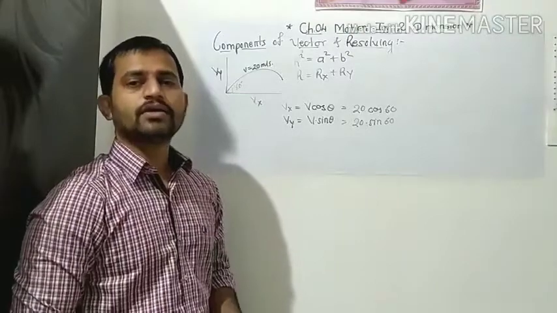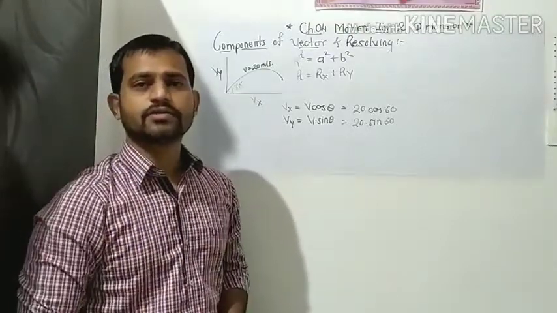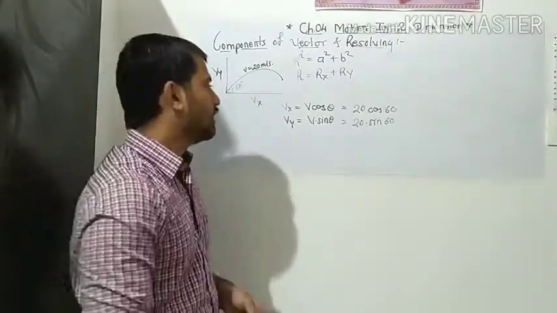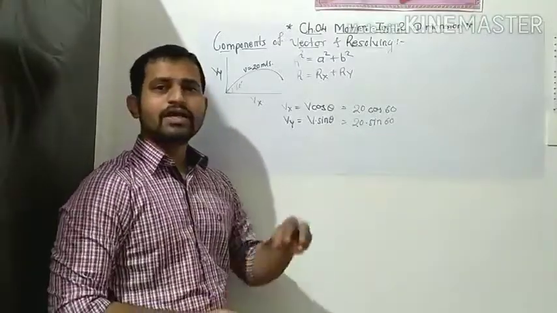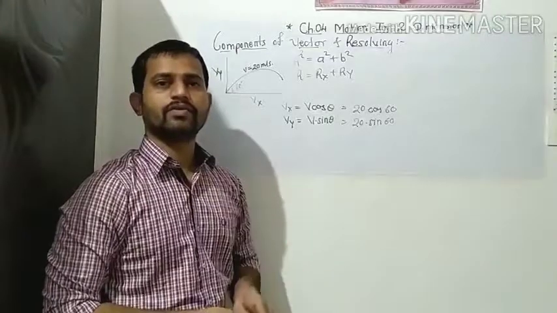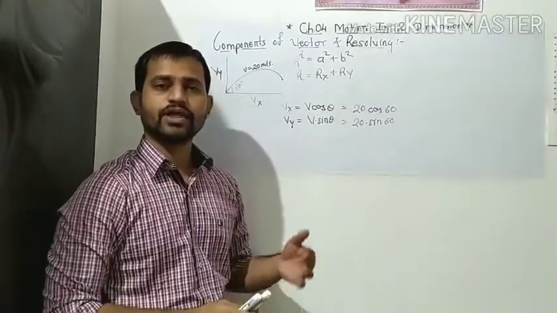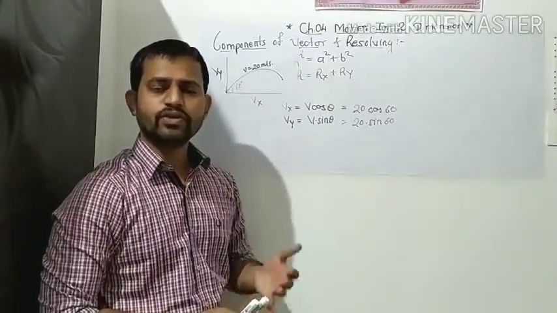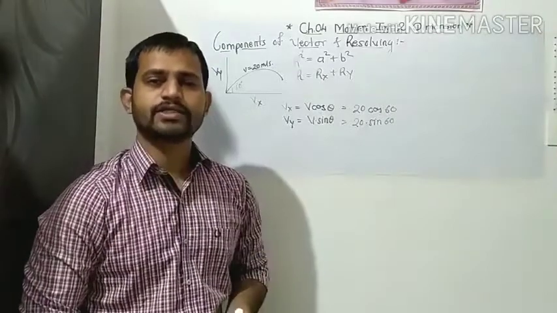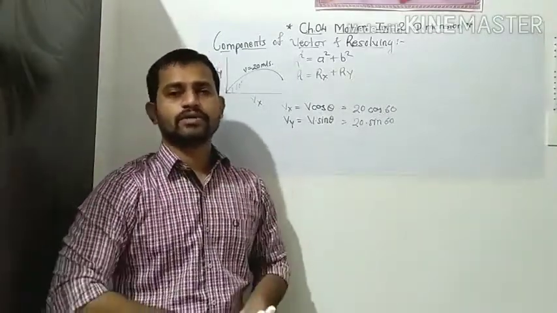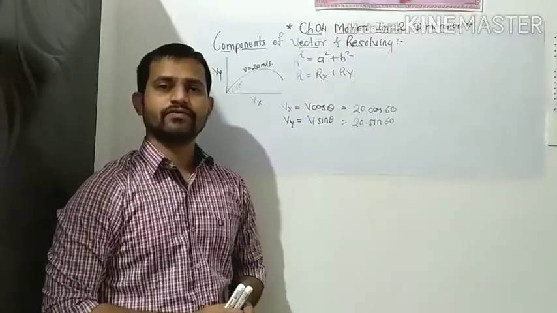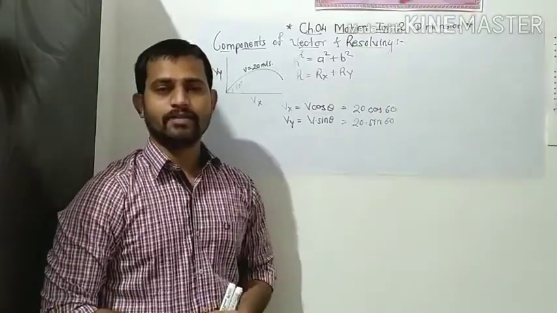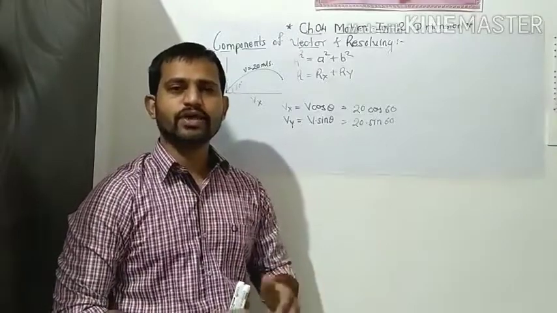So we have these two components, and we have the resultant velocity here. Then depending on that, we can find out the value of its components. That is the resolution of any one vector, the resolution of any one quantity. If we know its x and y direction, then we can find out the value of the resultant components if we know the angle made by the resultant with respect to any one vector.